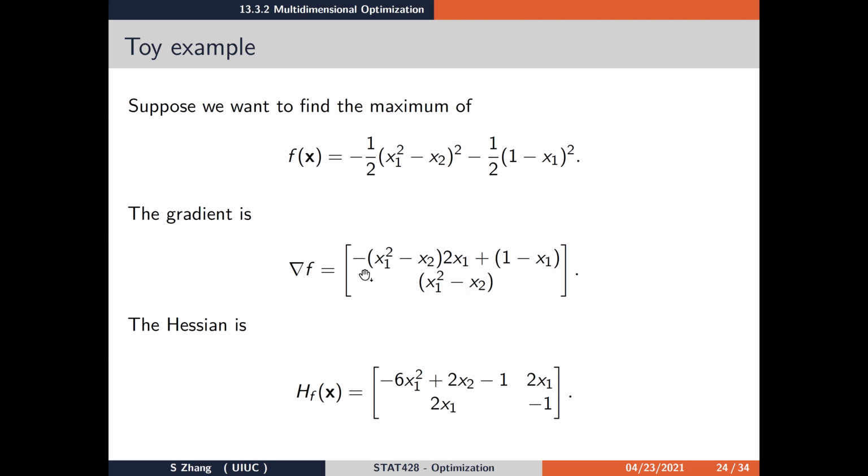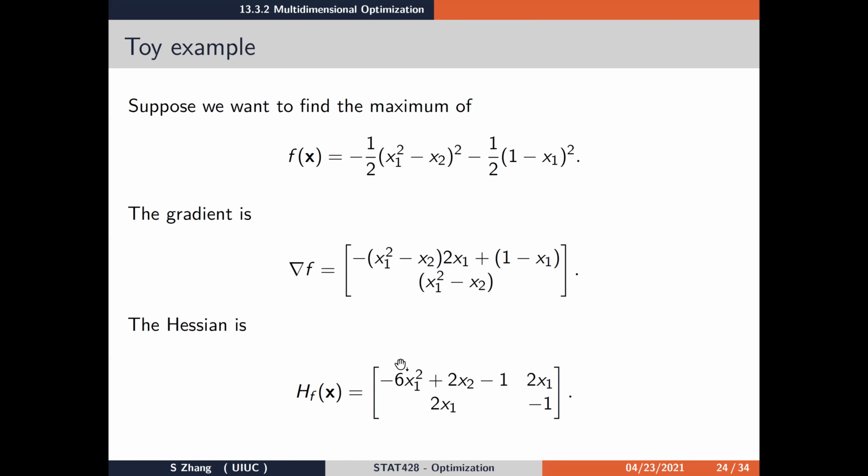So you can see that in this case, the gradient vector is given by this length 2 vector.